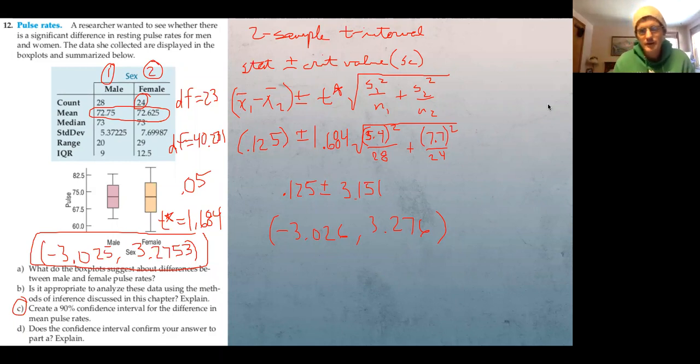So the only thing left to do is to kind of wrap this up. And now they ask, does this confidence interval confirm your answer to part A? But what we can say is we want to wrap this up using our template.